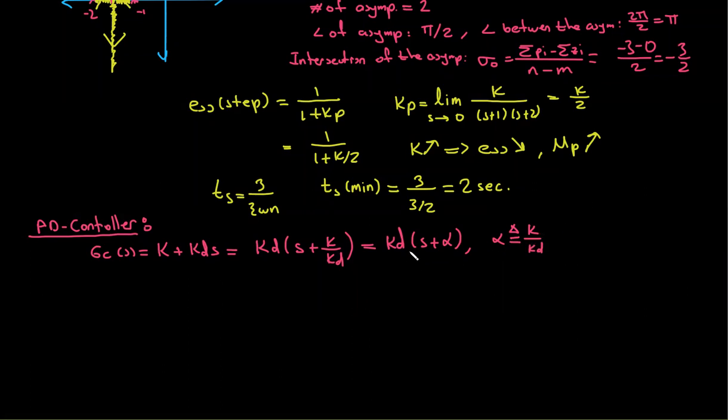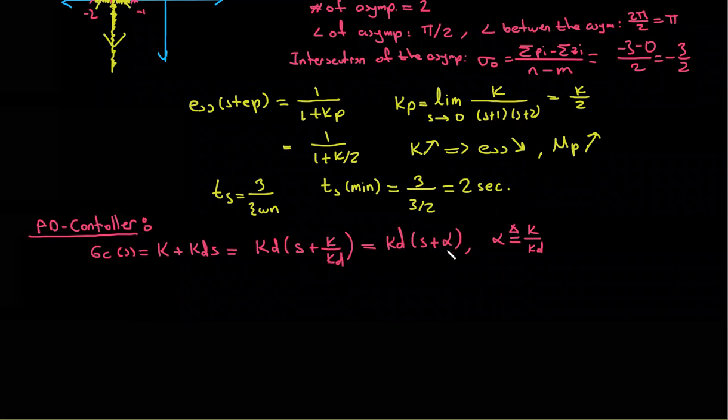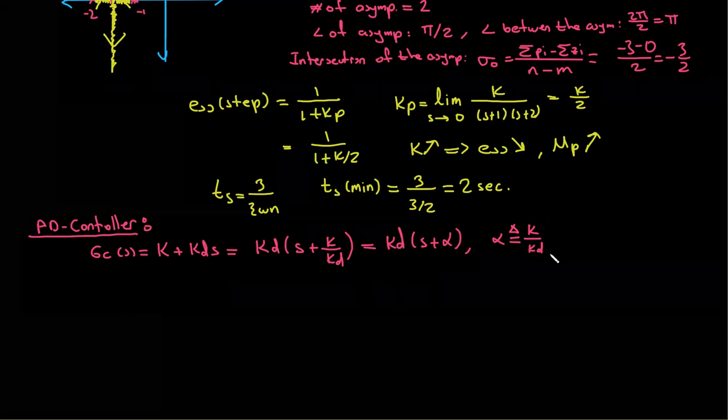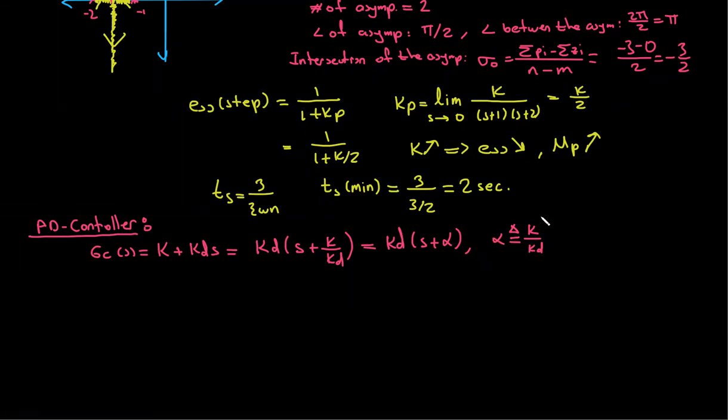So what I can do is that by using a PD controller, I am introducing a zero and the K variable into the system, all right? And that alpha ratio I can keep fixed at the desired zero location. For example, if I increase K by 3 times, I also increase KD by 3 times, so I can keep this ratio fixed, okay?